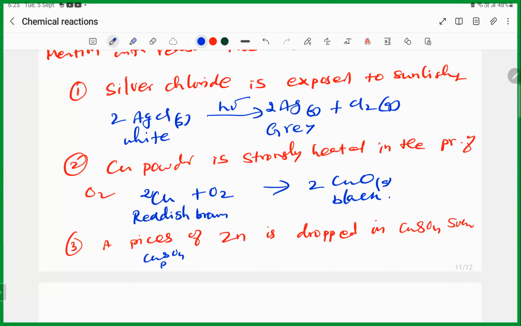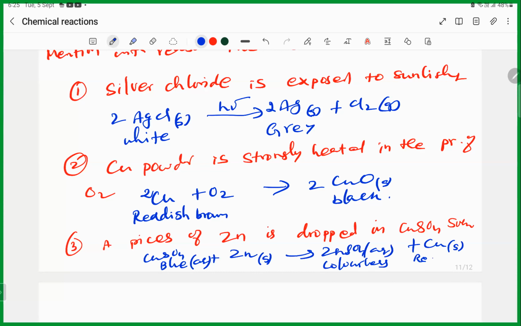Copper sulfate, blue color, plus zinc solid gives zinc sulfate aqueous that is colorless. But the solid becomes reddish brown. So how to answer that? When a piece of zinc is dipped in copper sulfate solution, the blue color of copper sulfate fades gradually and forms a colorless solution of zinc sulfate, and the reddish brown copper metal gets deposited on the zinc piece. Okay?